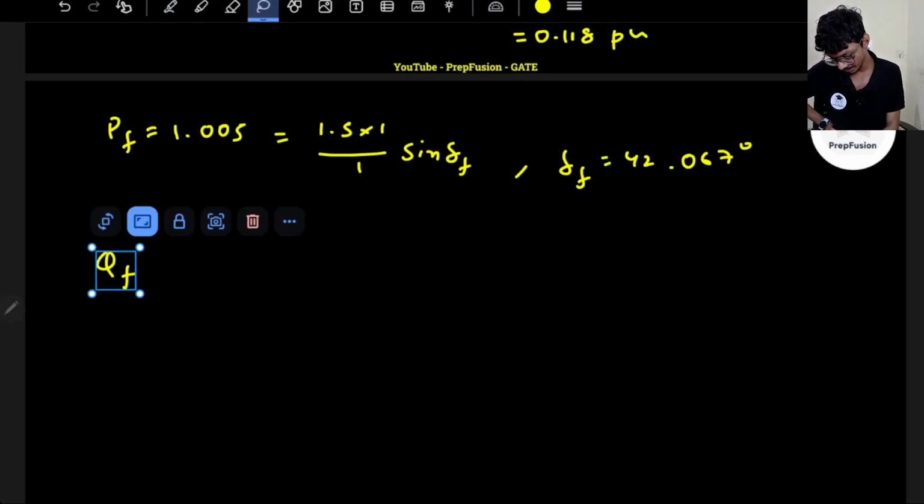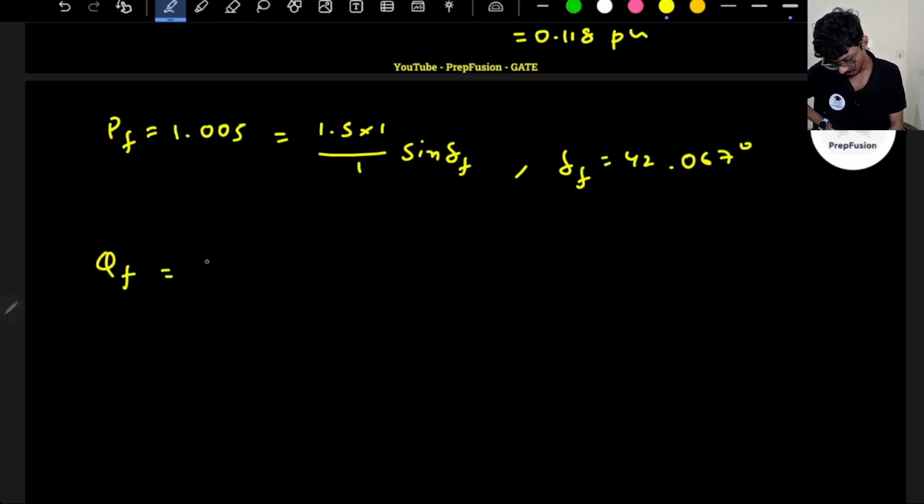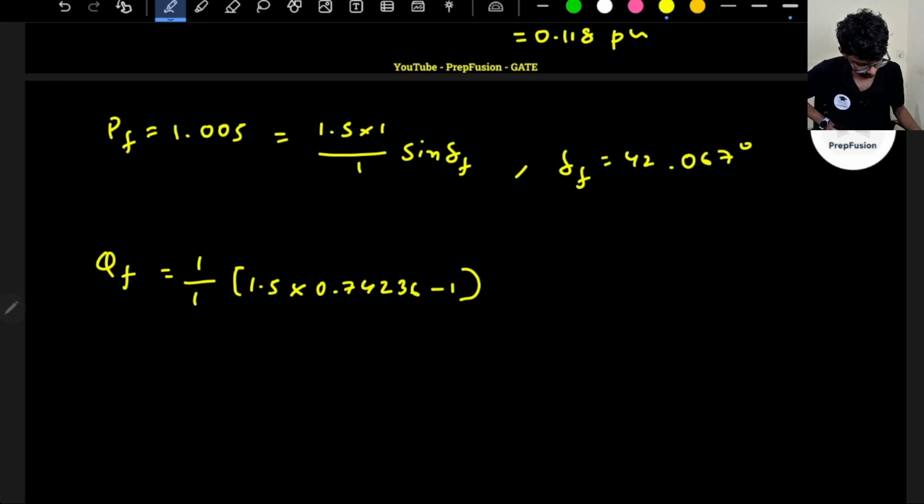So now what will be the final reactive power? Using the same formula, Vt by Xs Ef into cos of delta final. Cos of 42.067 degrees is 0.742, slightly changed, 36 to be accurate, minus 1, into 1.5 and subtracted by 1. So the new reactive power is 0.11354.